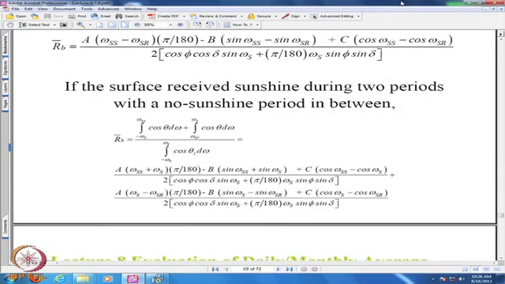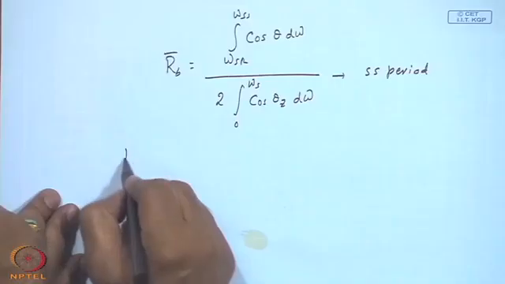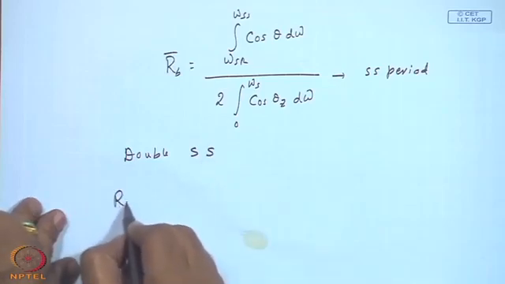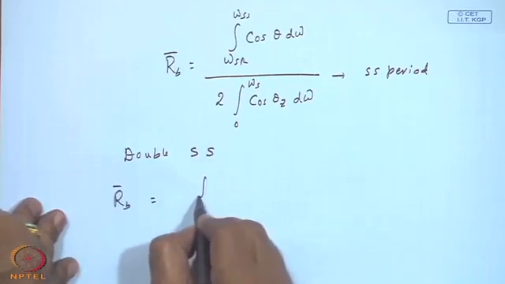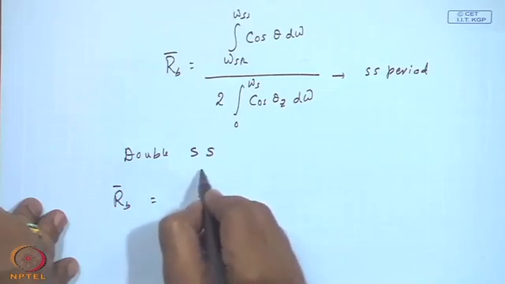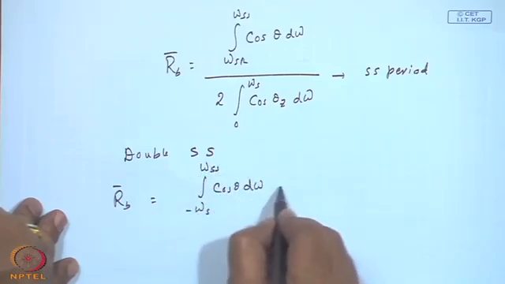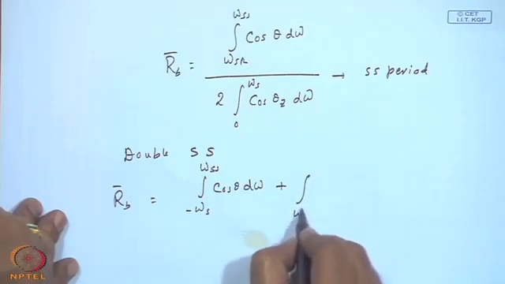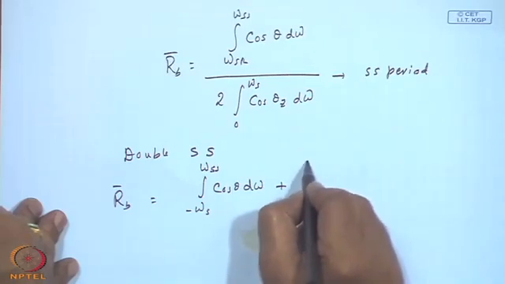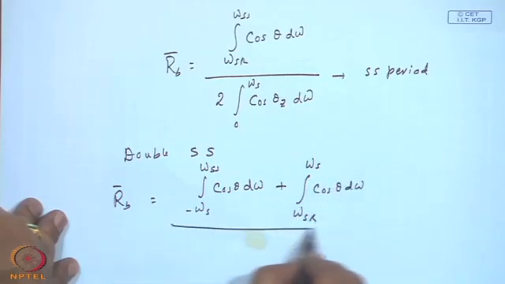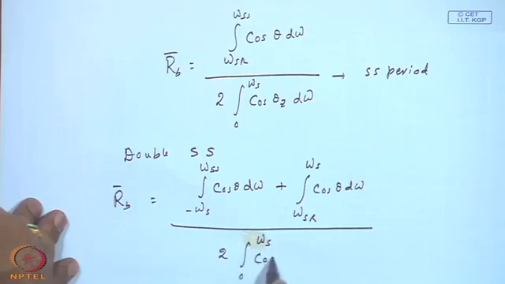Now, if it receives double sunshine, R b bar should be piecewise evaluated: minus omega s to omega s s cos theta d omega plus omega s r to omega s cos theta d omega, upon twice 0 to omega s of cosine theta z d omega.